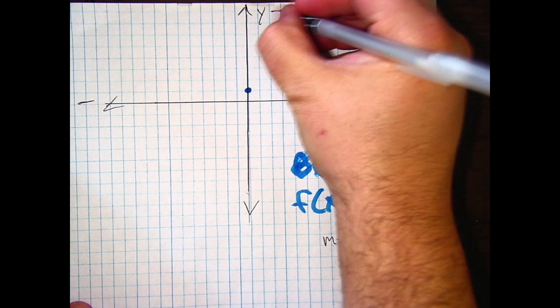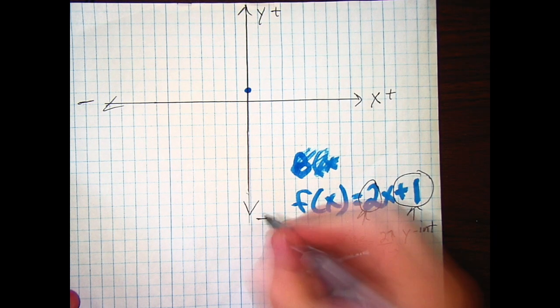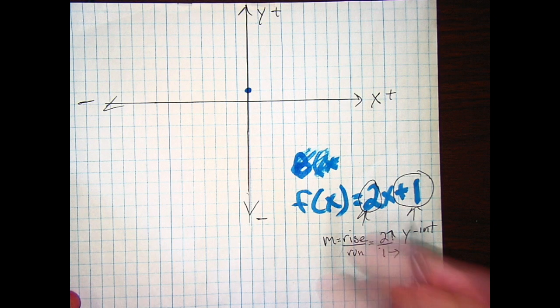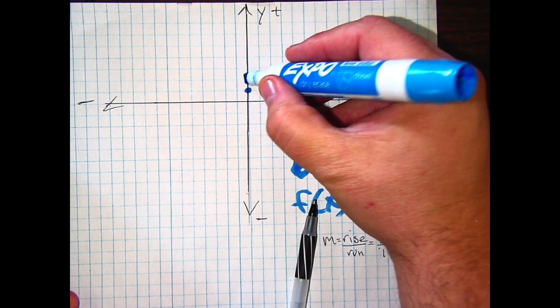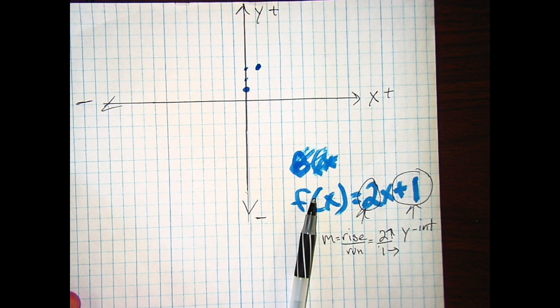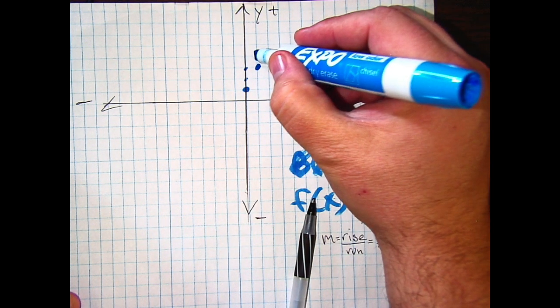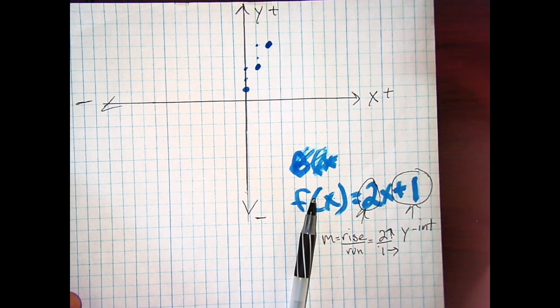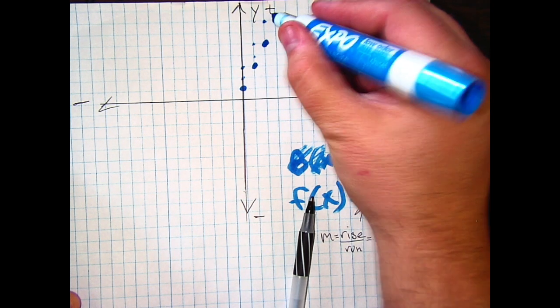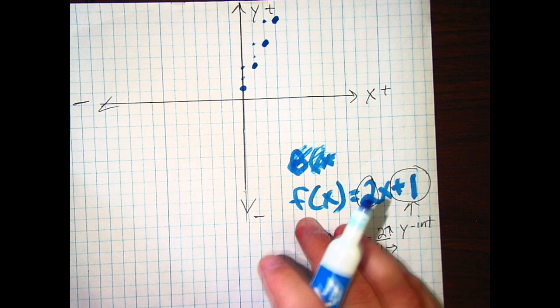On the y-axis, going up is positive and going down is negative. So I'm going to go up 1, 2 over 1. From that point, I'm going to go up 1, 2 over 1 again. See how that makes a straight line?